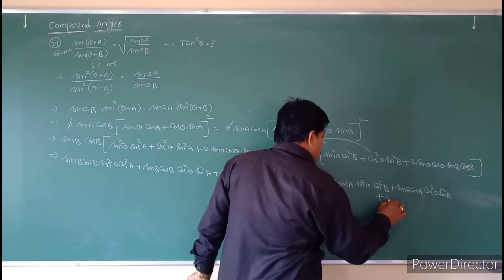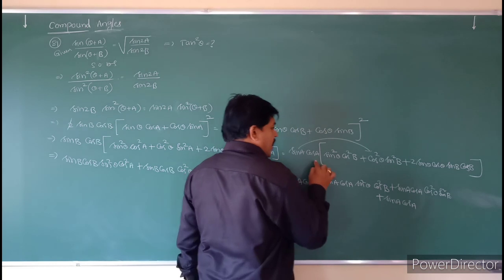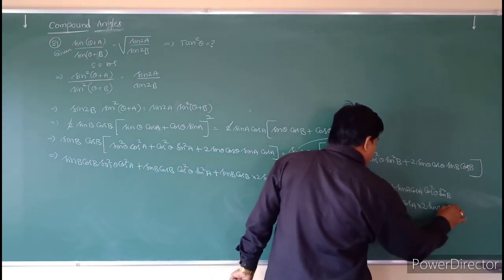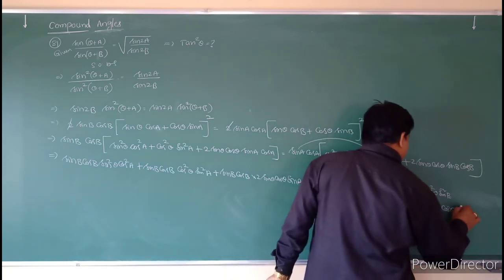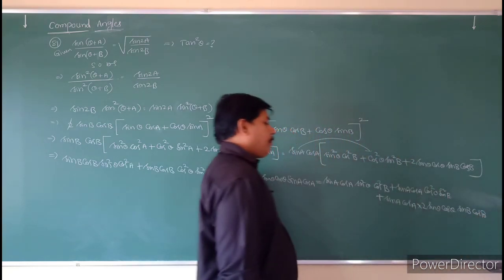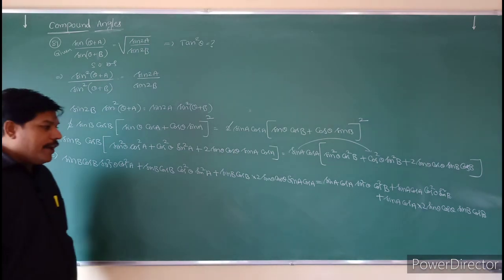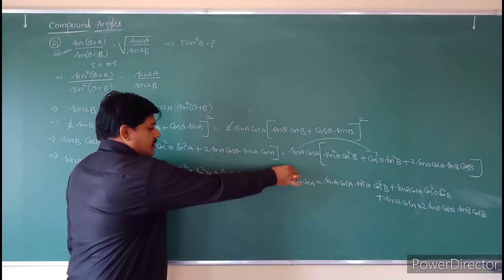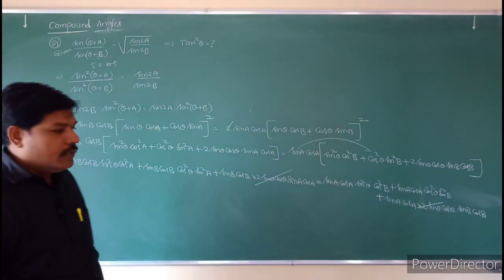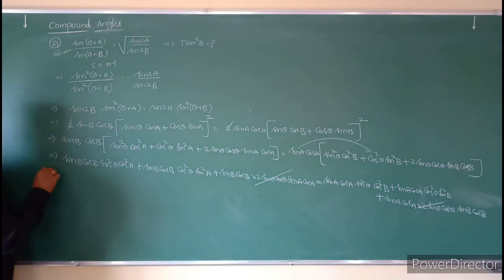So that is nothing but sin A cos A into 2 sin θ cos θ sin B cos B. So after getting this one, what is the term you are going to cancel? The big term is there, the term will be cancelled. The term will be cancelled. So what is the next one? So that implies.